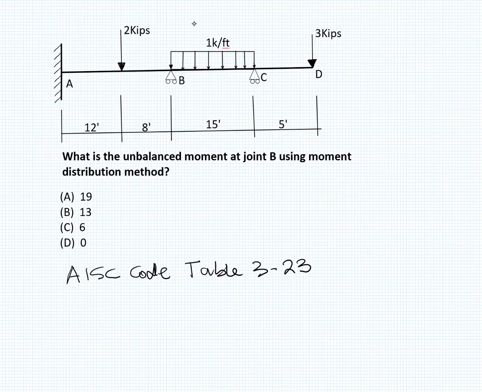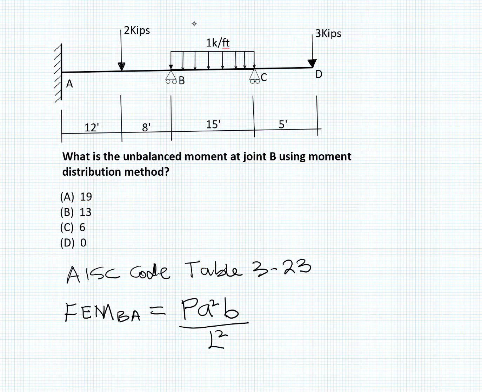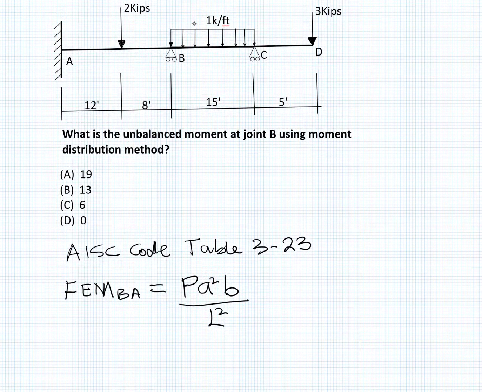For a propped cantilever with a point load, the free end moment at point B, relative to the load at a, is given as P a squared b over L squared. So that is the formula for finding the free end moment at point B when you have a point load.